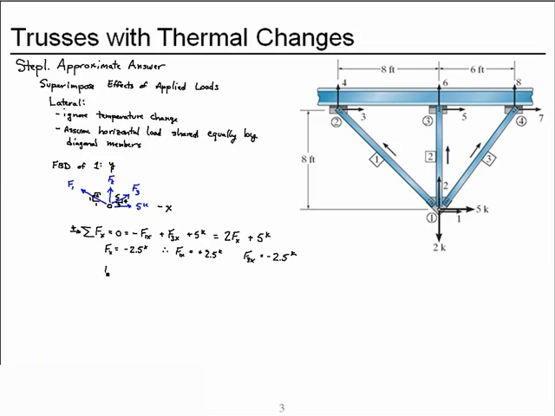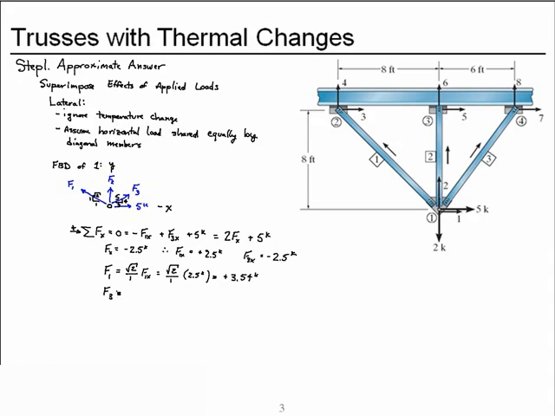And so let's convert those to member forces. The force in member 1 will be square root of 2 over 1 times the horizontal component. So we have the square root of 2 over 1 times 2.5 kips. We put those together and we get a positive 3.54 kips, and that member's in tension.